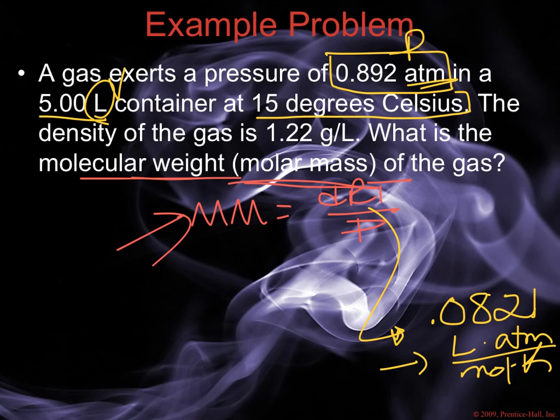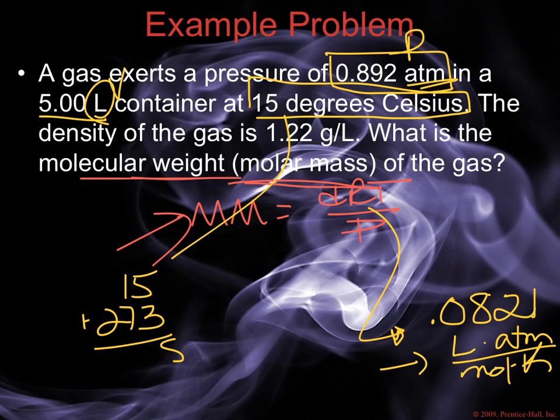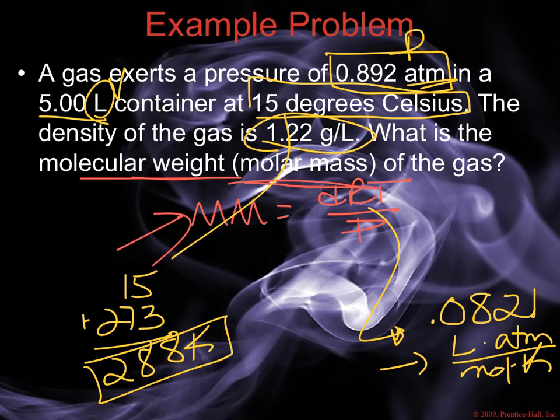Here's a problem. Our temperature's in Celsius. So let's go ahead and find out what the temperature is in Kelvin. 288 Kelvin, and that's the value we're going to have to plug into the formula. They gave us density, grams per liter. That is the correct units for density in order to get molar mass.